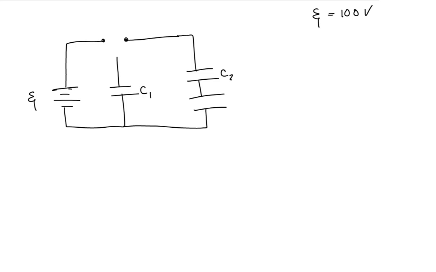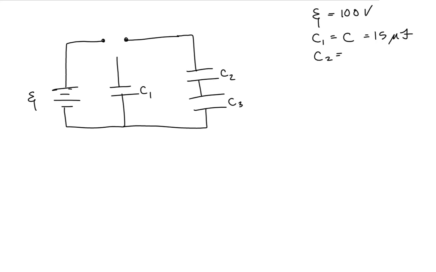We will call these C2 and C3. Because I like expressing things as multiples of other things, I'm going to do that. Capacitor 1 is 15 microfarads.